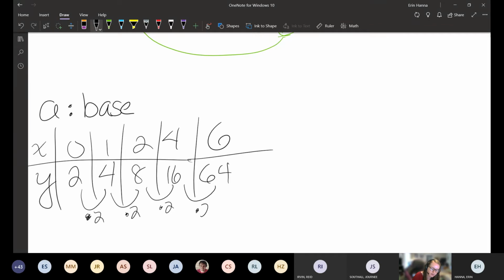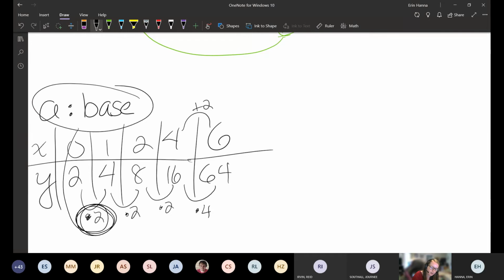Here it's being multiplied by 4, but notice that this goes up by 2. So if you consider it in steps, the first step would be multiplying by 2, and then the second one would be multiplying by 2. So what the base is, essentially, is this number that we're multiplying the y values by to get the next one. How can you tell if it's exponential? I will get to that in a second.